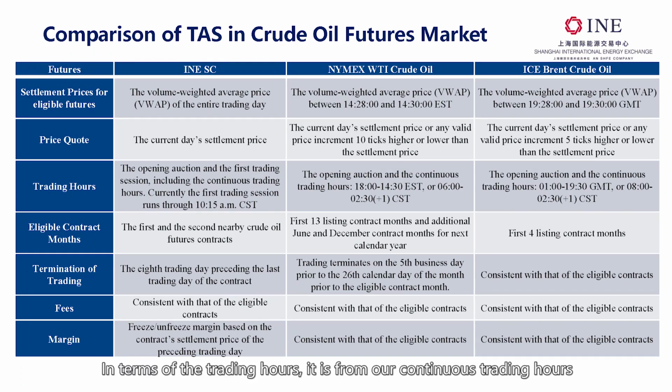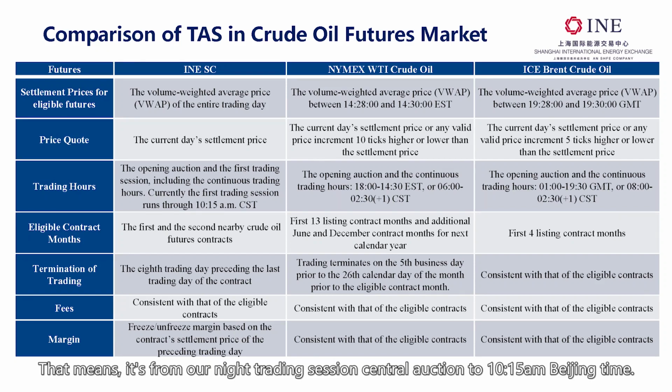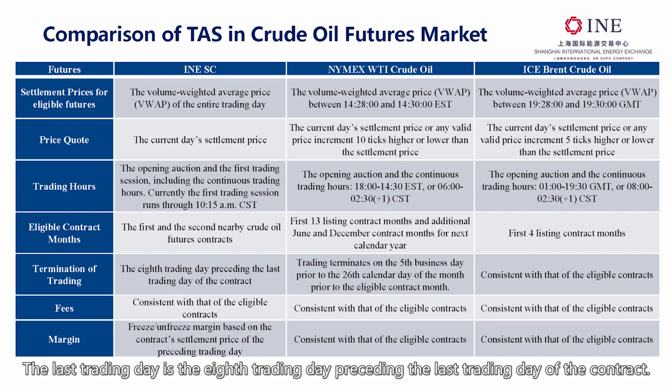In terms of the trading hours, it is from our continuous trading hours to the end of the first trading session. That means it's from our night trading session central auction to 10:15 Beijing time. The last trading day is the 8th trading day preceding the last trading day of the contract.